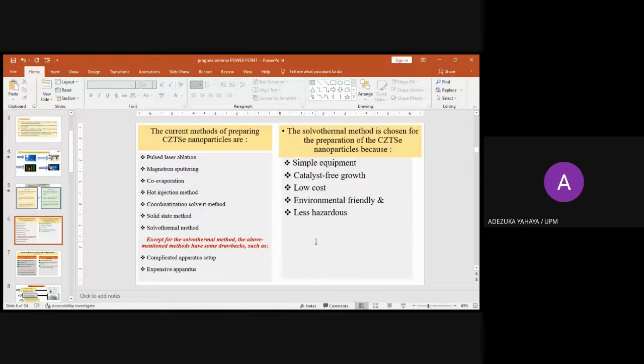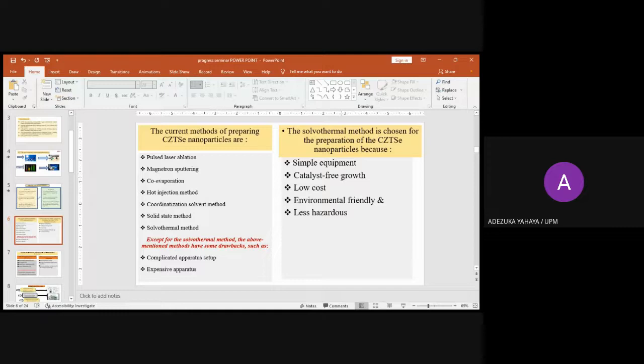Apart from the solvothermal method, the methods I mentioned have some drawbacks, such as complicated apparatus setup and expensive apparatus.